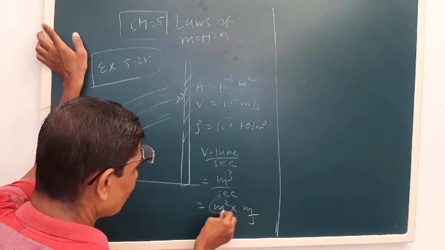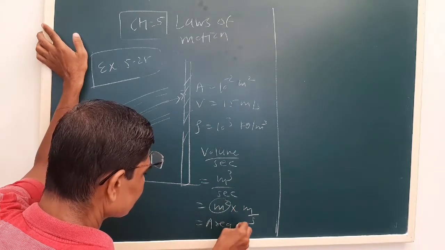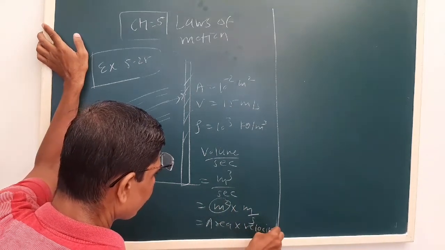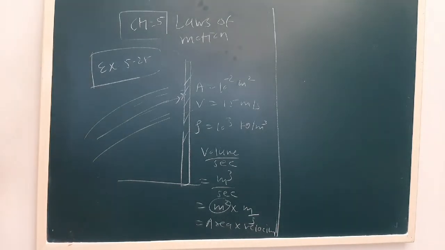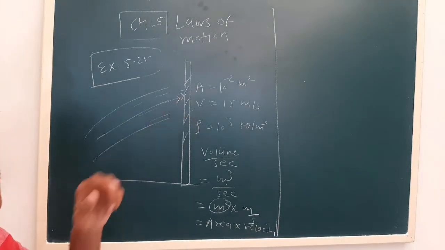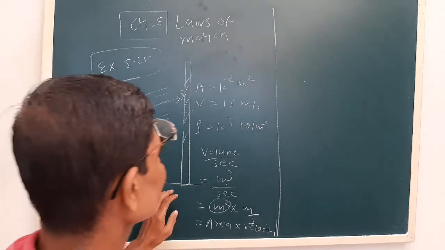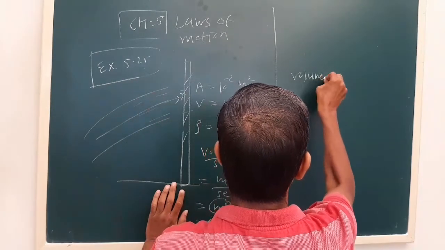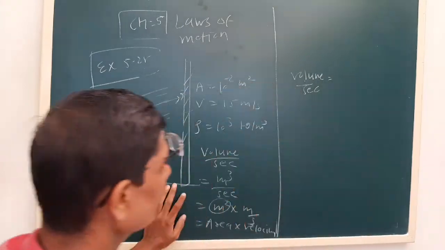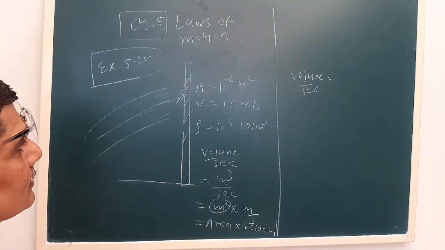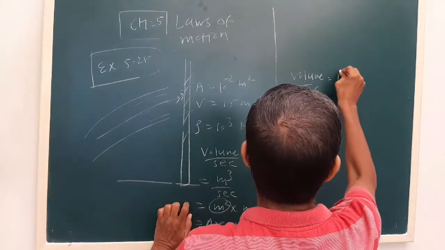Now meter square, we know it is area, and area into velocity. So see, that is what is given to us. So here volume per second, see, that is also called volume flux. Okay, area into velocity.